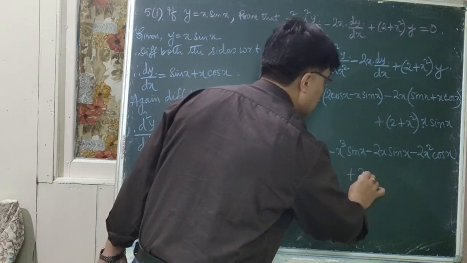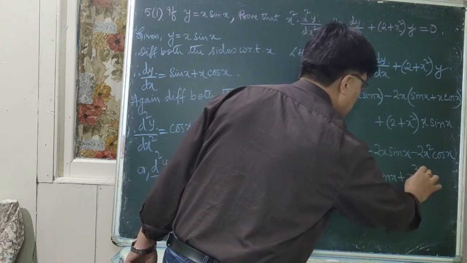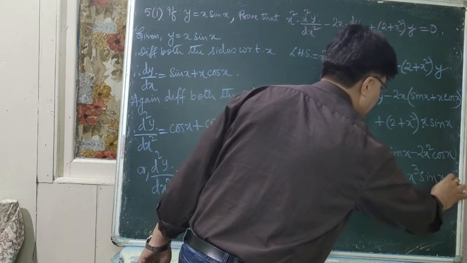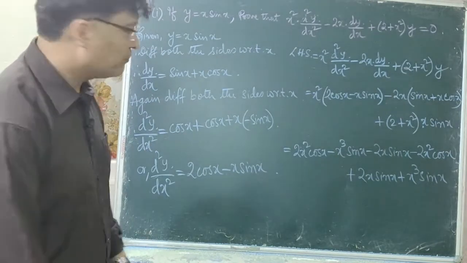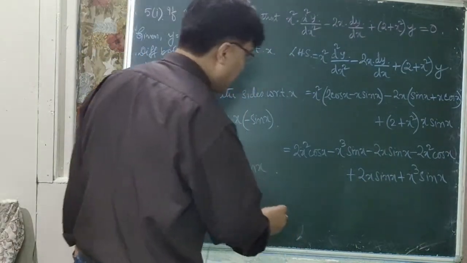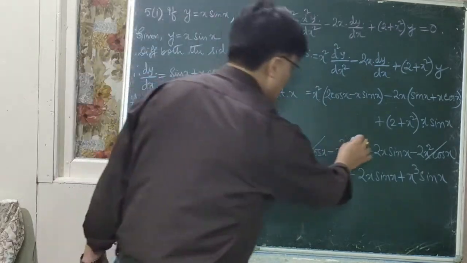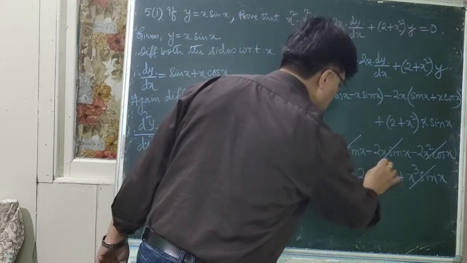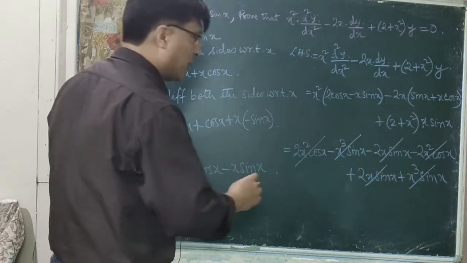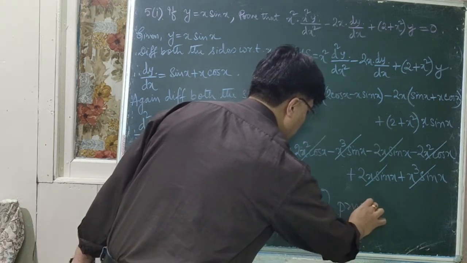Then plus 2x sin x plus x square into x sin x gives x cube sin x. So we have got this expression, just we are multiplying them. Now you can cancel here, 2x square cos x, 2x square cos x will be cancelled, minus x cube sin x plus x cube sin x will be cancelled, minus 2x sin x plus 2x sin x will be cancelled, which is equal to 0. So it is proved.